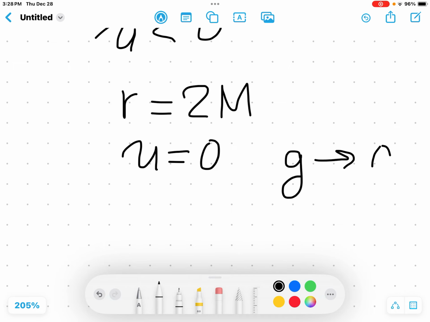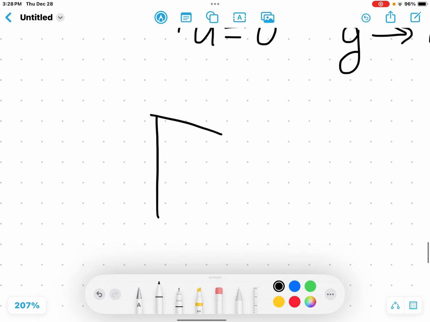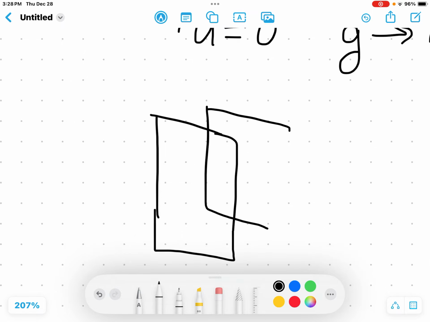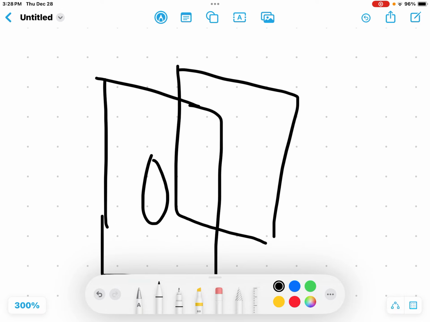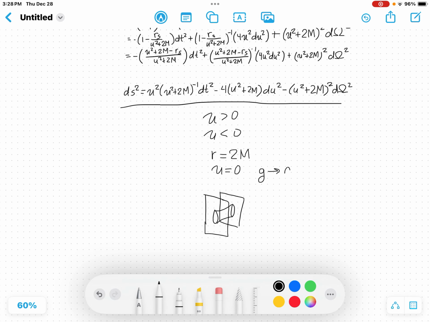We call such a connection between the two sheets a bridge. So here's my first spacetime, and here's my second spacetime, and the bridge they're talking about is this hyperplane that goes like that. So in no time, as we travel through that hyperplane, we get to where we need to.